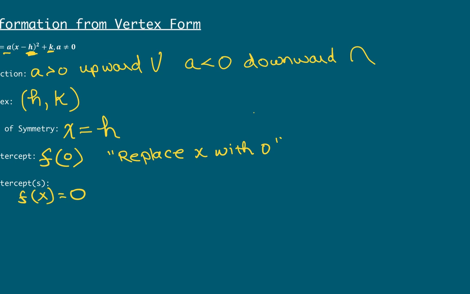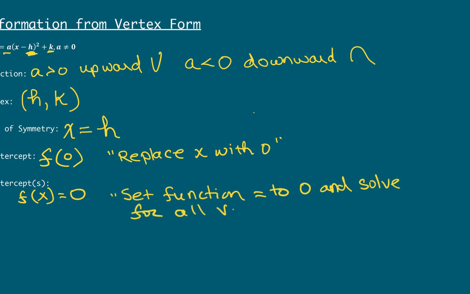That means replace f of x with 0 and solve. So that means set your function equal to 0. Maybe I'll write it that way instead, that might make a little more sense. Set the function equal to 0 and solve for x.